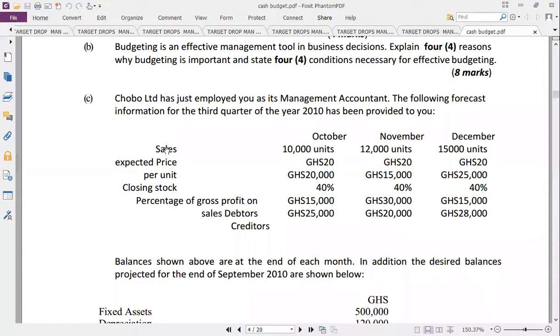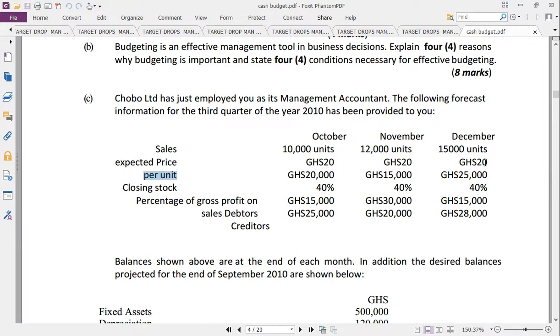So it starts like this. Sales units is 10,000 for October, 12,000 for November, 15,000 for December. Expected price per unit is 20 Ghana cedis for each of them.